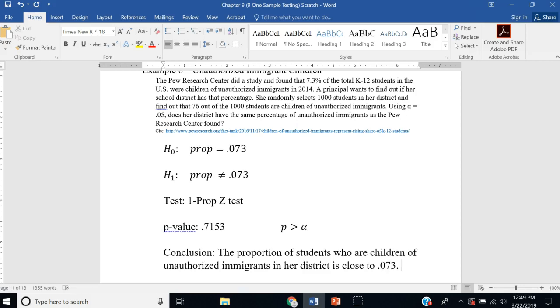That's a little bit wordy of a statement, but the proportion of students who are children of unauthorized immigrants in her district is close to 0.073. You could have also said it's close to the national average, the national proportion that the Pew Research Center found.